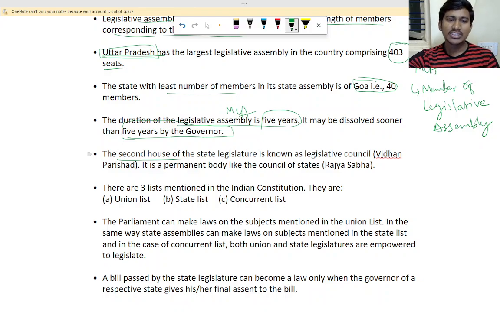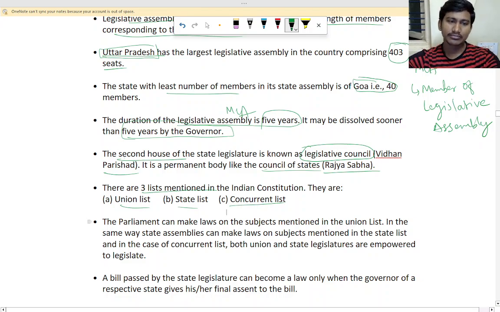The second house of the state legislature is known as the Legislative Council, MLC, or Vidhan Parishad. It is a permanent body like the Council of States, that is Rajya Sabha. There are 3 lists mentioned in the Indian Constitution: union list, state list, and concurrent list.